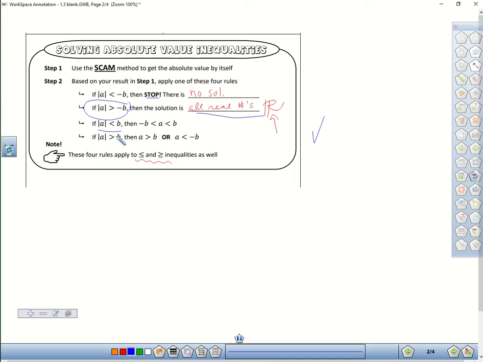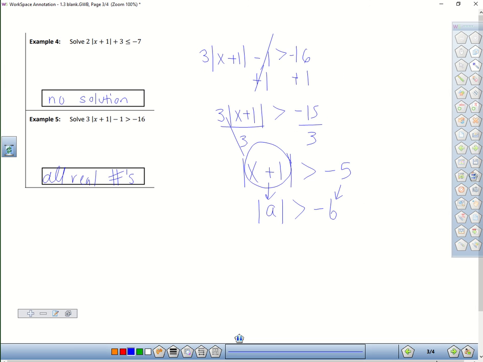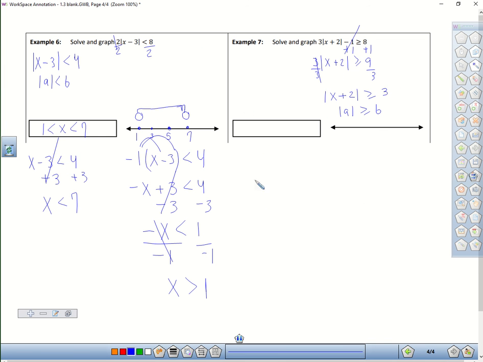Absolute value greater than positive B. Well, we have an OR situation. So when we have these two situations, we're going to have to be doing some solving. If you can notice these right away, you can already say no solution or all real numbers. So I'm going to have my negative and positive versions of my inequality.